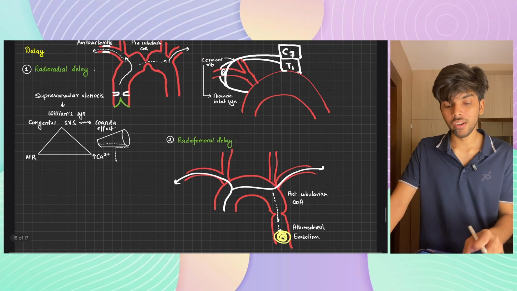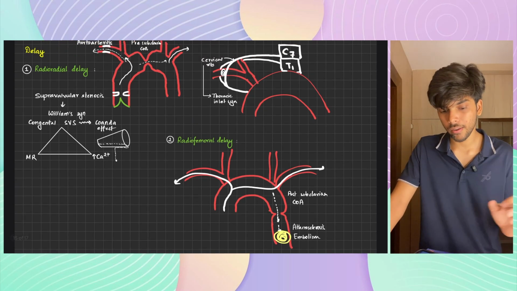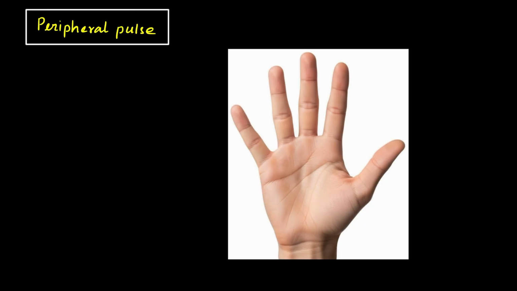So that's your radioradial delay and radiofemoral delay done. Finally, we have the peripheral pulses. Remember, the sequence at which the peripheral pulses get transmitted is the carotid pulse, followed by brachial pulse, then the femoral pulse, and then the radial pulse.